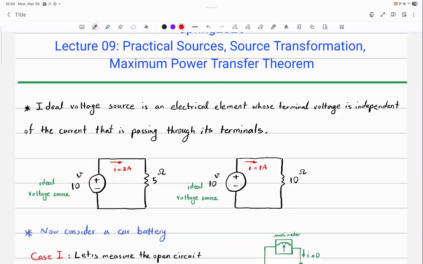No, because as you can see, the 2 amps and 1 amp are different currents, obviously, but the voltage between the positive and negative terminal is still 10 volts. That is the definition of an ideal voltage source. Terminal voltage is independent of the current that is passing through its terminals.